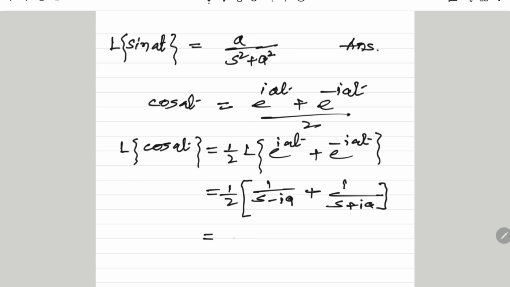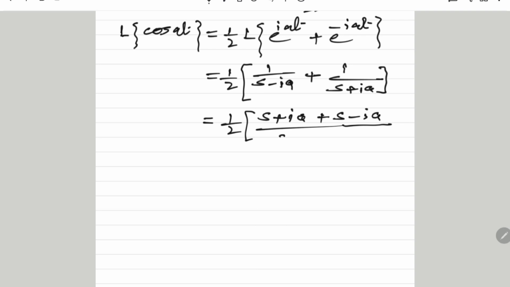A cross multiplication, 1 into s plus ia, we get s plus ia, and plus 1 into s minus ia is s minus ia, whole divided by, once again, the product of a plus b into a minus b as a square minus b square. For that, the product is s square minus ia whole square.